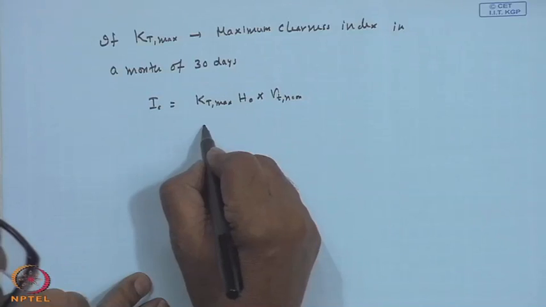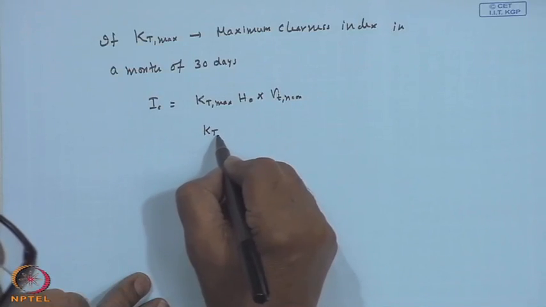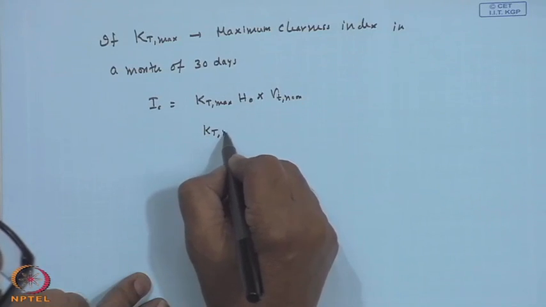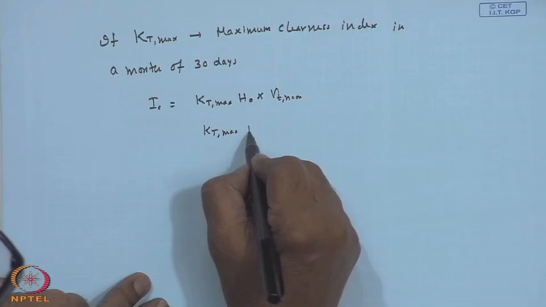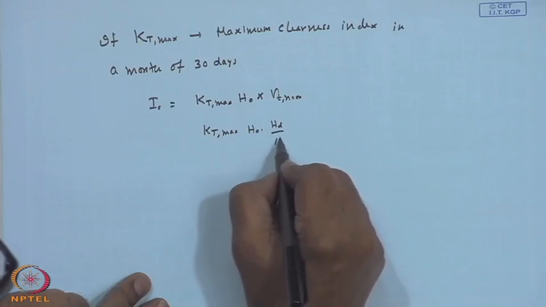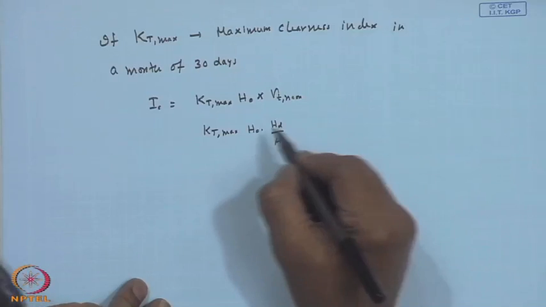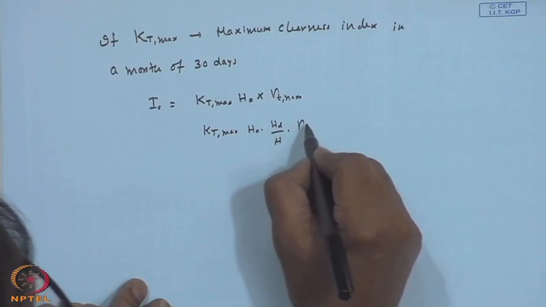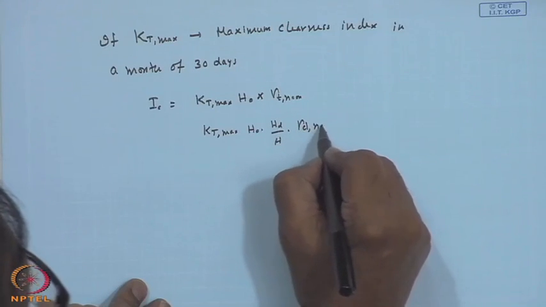Then again I can find K T max into H 0 into H d by H, which will give me the diffuse radiation, multiplied by R d noon.